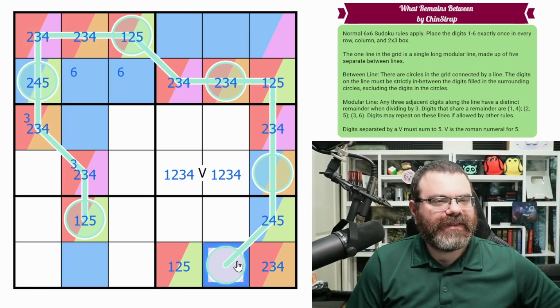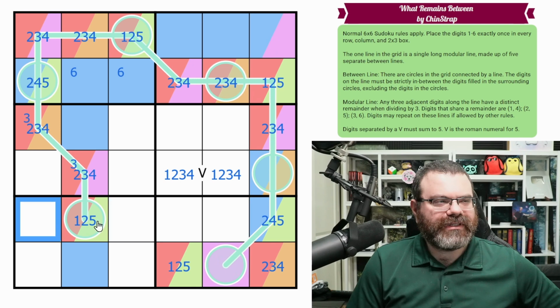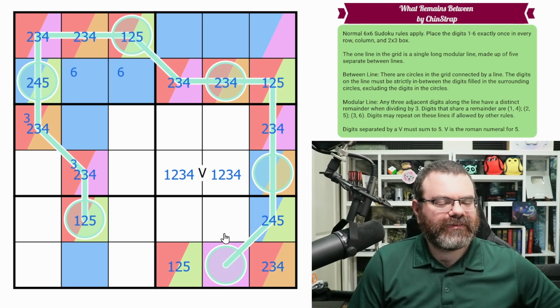Do I want to think about this guy yet? Problem is, I don't know much about this. We know 2, 3, 2, 4, or 5 is in the middle of it, but that doesn't really help me too much. No more greens in this row. Oh.